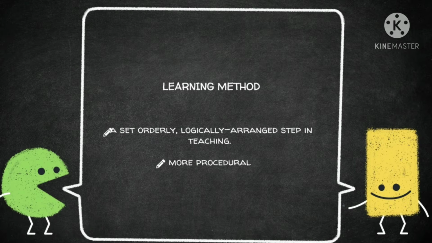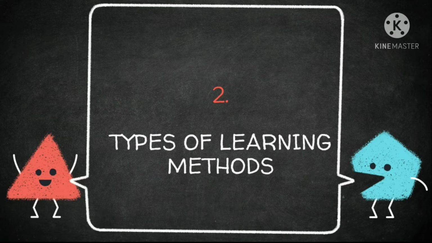So when we are talking about teaching method, this means it is more procedural. What's your procedure? What do you do first? What comes next? Do we give homework? Do we start with a review instead of motivations? Things like this. So, a set of orderly, logically arranged steps in teaching, and it is more procedural.